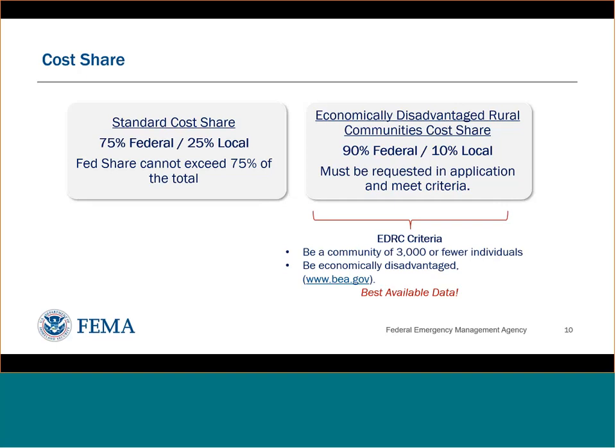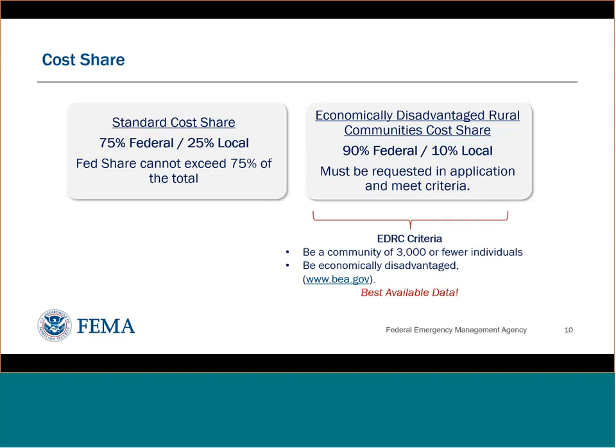It's really important that you request this in your actual application, because if you request it after you submit your application, we can't change that. So what's the criteria to meet this cost share? It is being a community of 3,000 individuals or fewer and being economically disadvantaged.